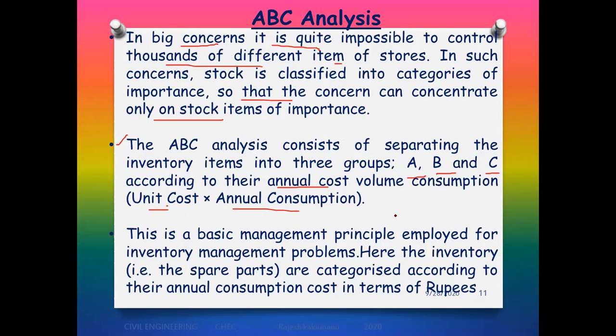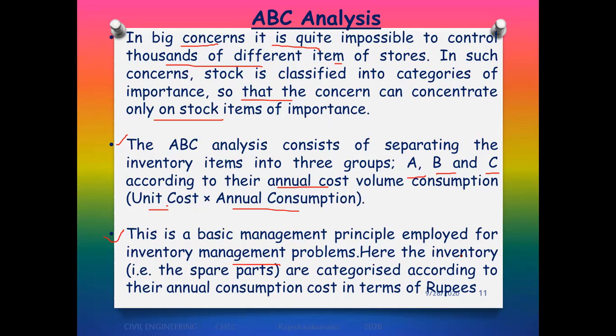Since it is used annually, if you are getting it in economy, automatically the price will reduce. If you are buying only small quantities, it will be increased. So thereby, this is the basic management principle employed for inventory management problems. These are generally used.